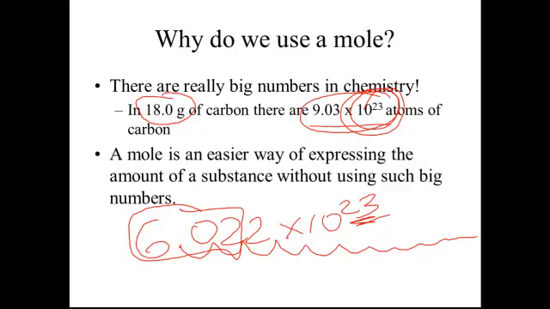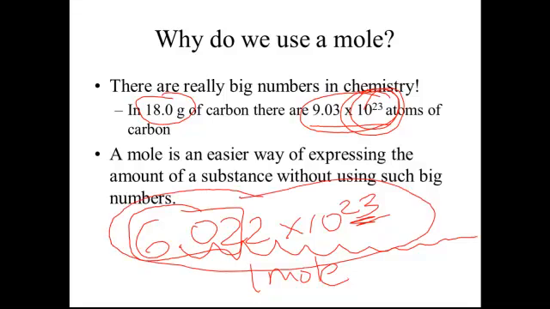Here's how I want you to think about it. If you took a piece of paper and then you stacked another piece of paper on top of it, you know how you get a piece of paper out of a package of paper. If you had 1 mole of pieces of paper, you would have a stack of paper that would go all the way to the moon and then halfway back to Earth.